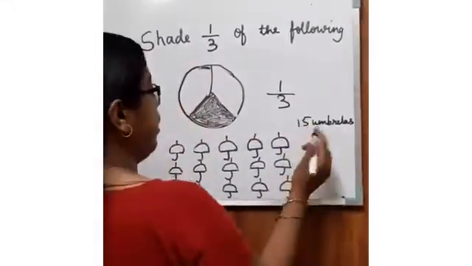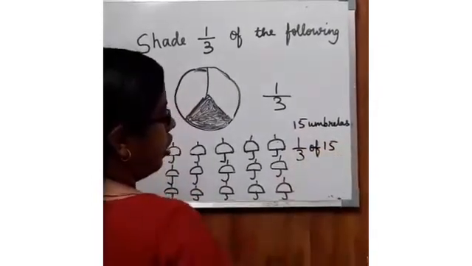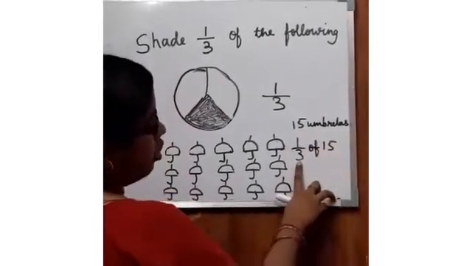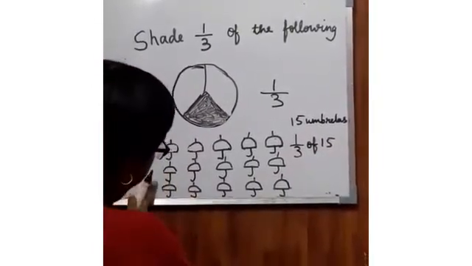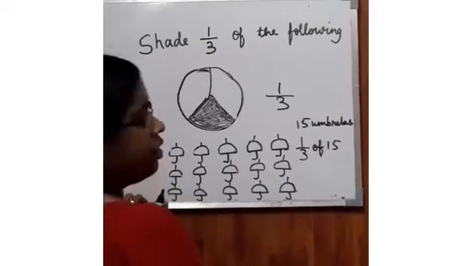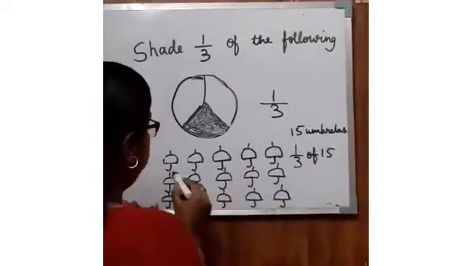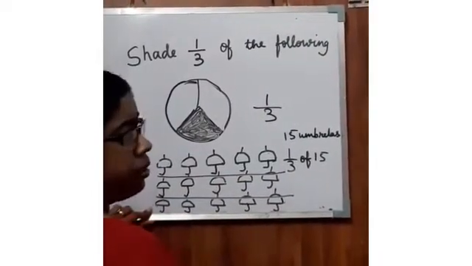1/3 of 15 means 15 is distributed into 3 groups. 1 group, 2 group and 3 group. In each group there are 5 umbrellas.